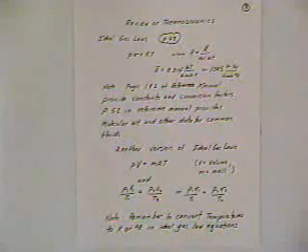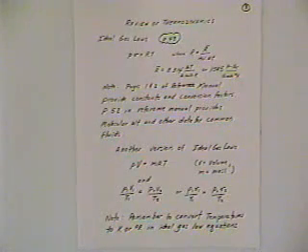So let's go ahead and get started on the review. The first thing that we're going to start out with is a review of the ideal gas laws. As we go through the example problems, I've got about, I think, 18 example problems worked out, and many of the example problems have multiple parts.